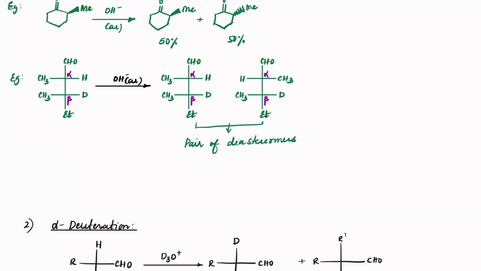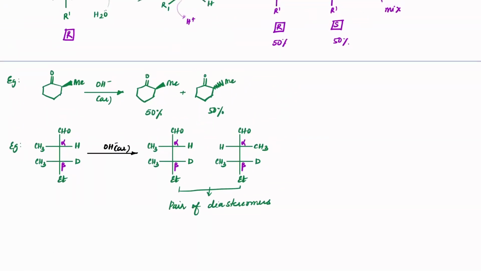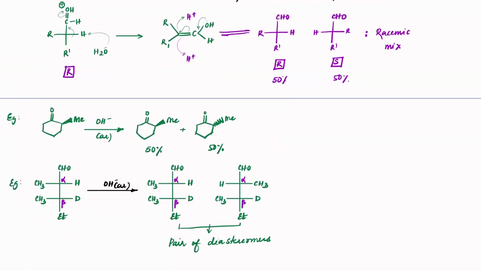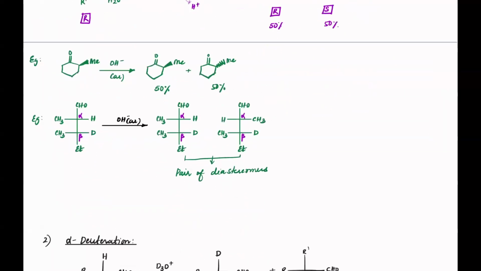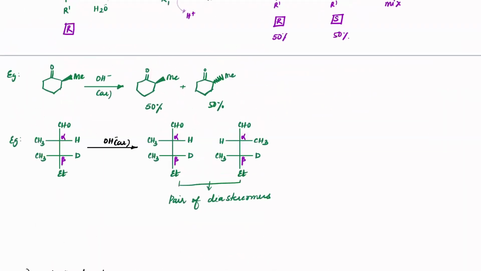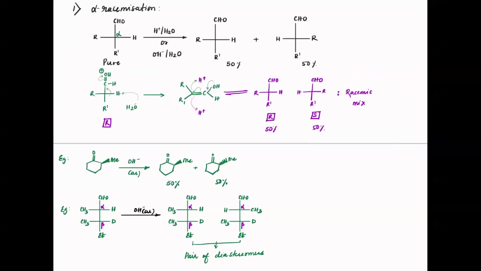And we can't promise that they'll be optically active or inactive. Most of the time they're optically active only because there is no cancellation as such. So the solution usually remains optically active. These kinds of examples you should be able to figure out whenever there is an acidic medium or a basic medium given. So I hope all of you understood what alpha racemization is.